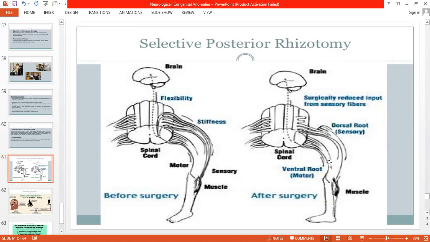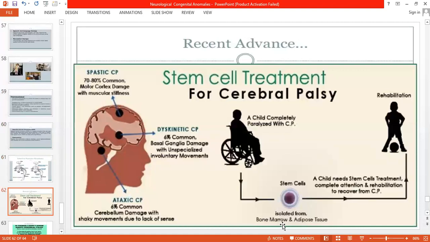When the sensory input is excised, there is comparatively decreased motor input from the motor cortex. It is proportionally also reduced, so the contraction in the muscles will get reduced. So sensation decreases, the corresponding motor output is also decreased. Okay, they will become relaxed.